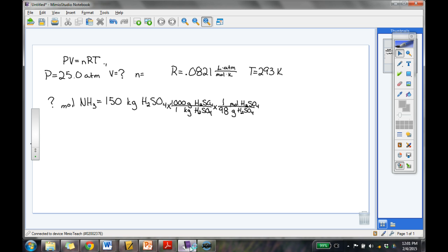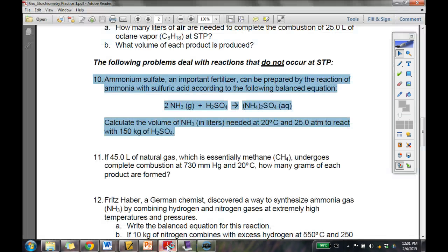Now that we're in moles of sulfuric acid, we can convert from moles of sulfuric acid into what we need, which is moles of NH3. To get that number, we go back to our balanced equation. NH3 has a coefficient of 2.